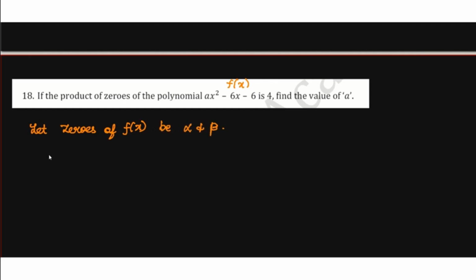Now the product of the zeros of polynomial is c by a, which is given as 4. So the polynomial is given as ax square minus 6x minus 6. From this, c by a is minus 6 by a, which is given as 4 in the question. So a is minus 3 by 2.